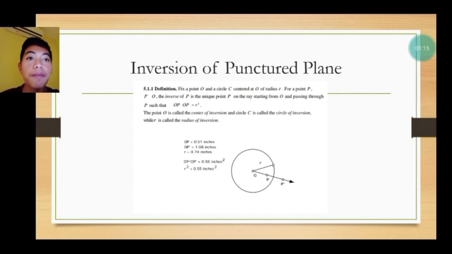The point O in the figure is called the center of inversion, the circle C is called the circle of inversion, while R is called the radius of inversion.